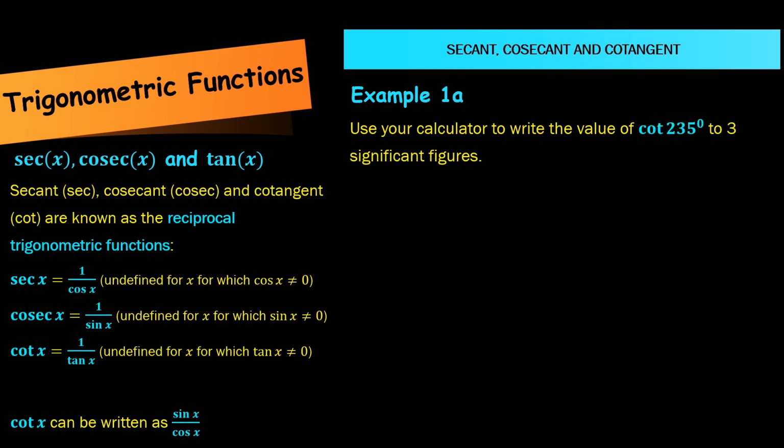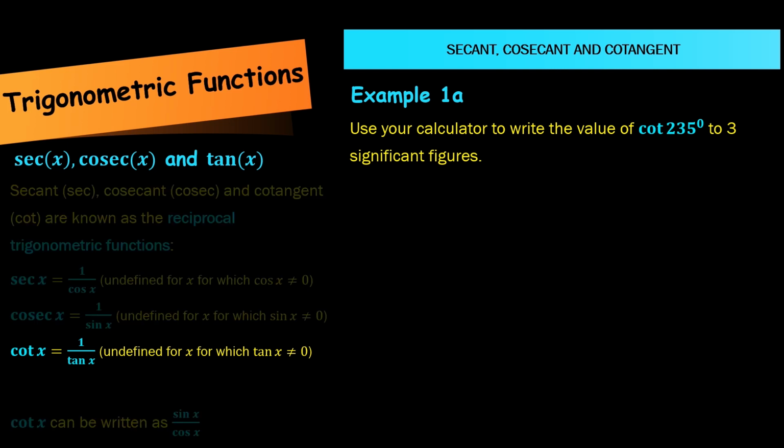Let's take a look at part A first. We are required to use our calculator to write the value of cot 235 degrees to three significant figures. Notice that cot x is equal to 1 over tan x. So plugging in x equal to 235 degrees gives us that cot 235 degrees equals 1 over tan 235 degrees.